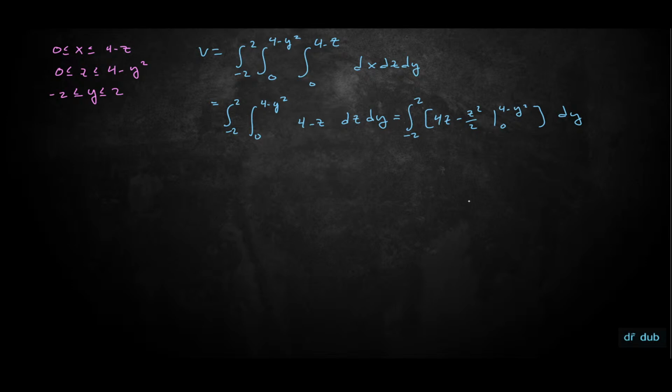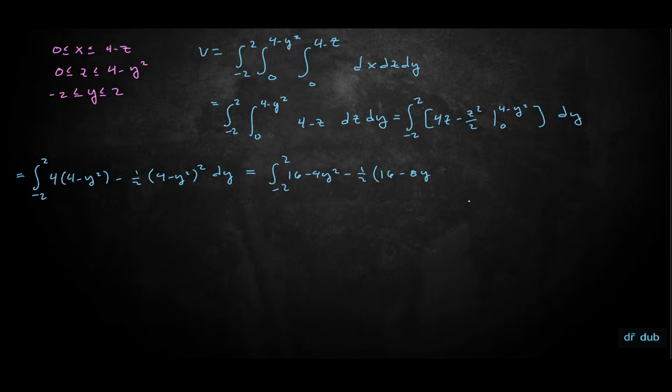And so plug in the bounds. This is going to be the integral from -2 to 2 of 4 times (4 minus y squared) minus 1/2 times (4 minus y squared) quantity squared dy, which is going to be the integral from -2 to 2 of 16 minus 4y squared minus 1/2 times (16 minus 8y squared plus y to the 4) dy.